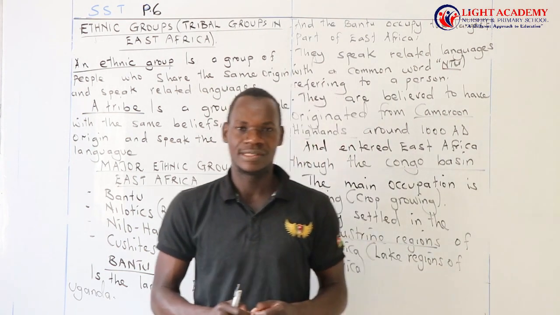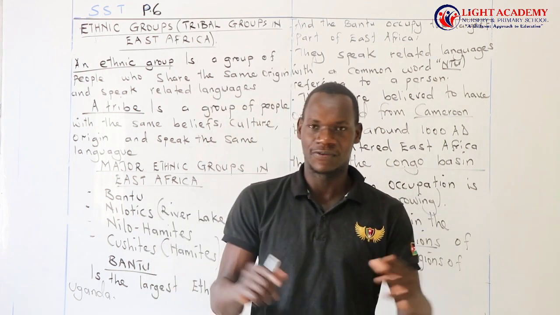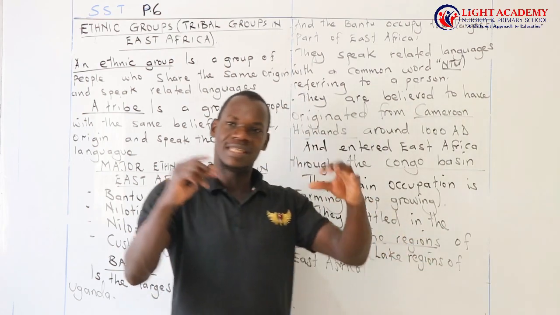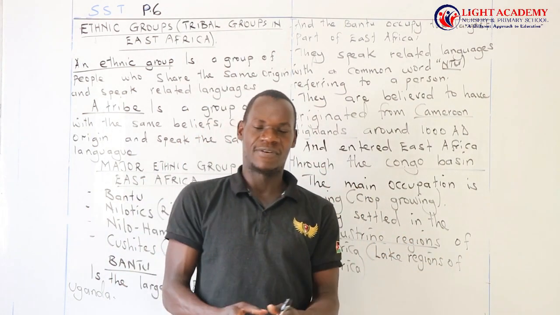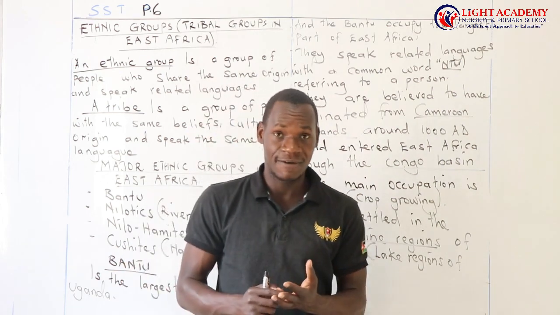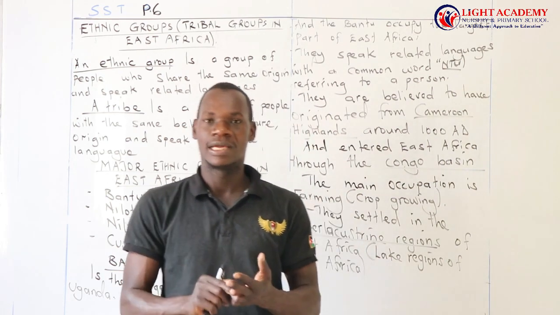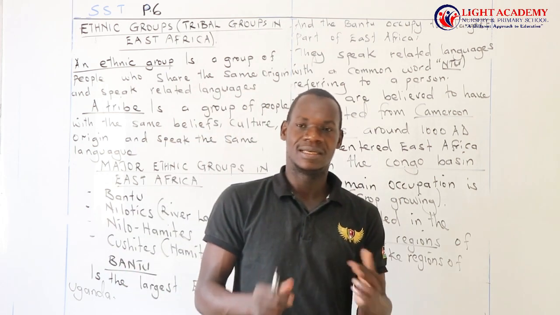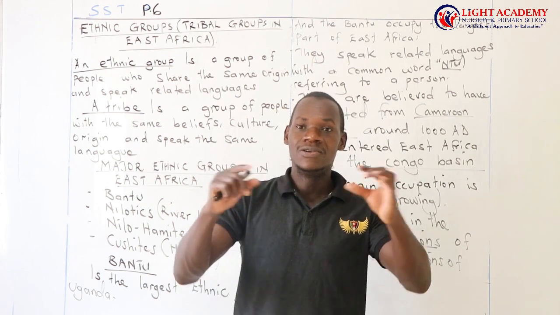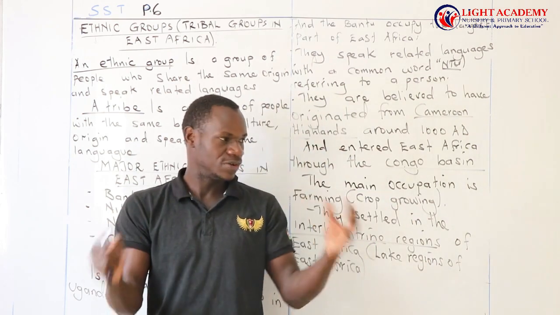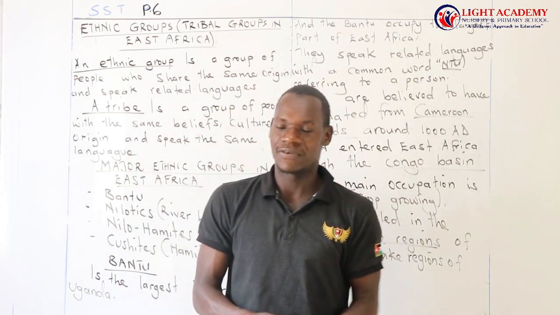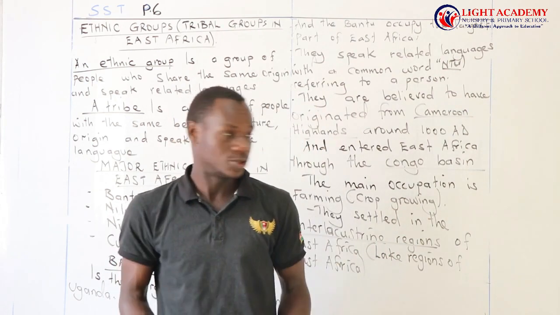These are the regions between the Great Lakes of East Africa. What are these Great Lakes? The examples: we have Lake Victoria, Lake Kyoga, Lake Albert, Lake Edward, Lake Tanganyika, Lake Malawi. Those are the lake regions of East Africa, where the Bantu settled.